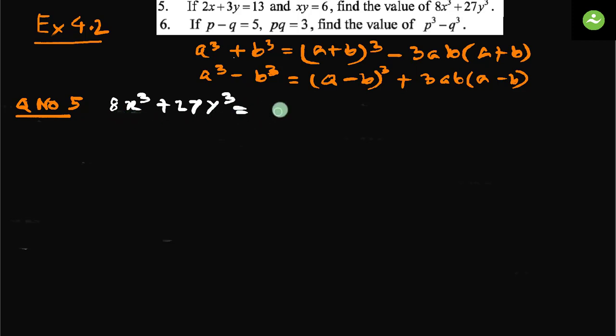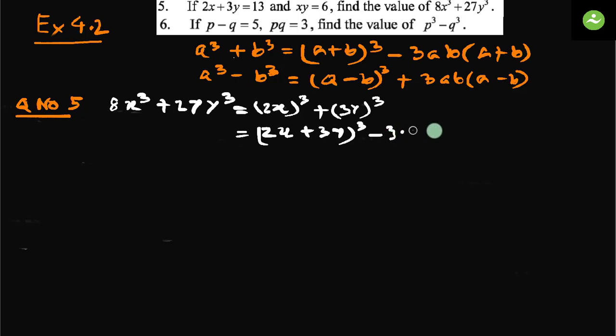Can we write 2x whole cube plus 3y whole cube? Yes, we can write 2x plus 3y whole cube minus 3ab into a plus b.